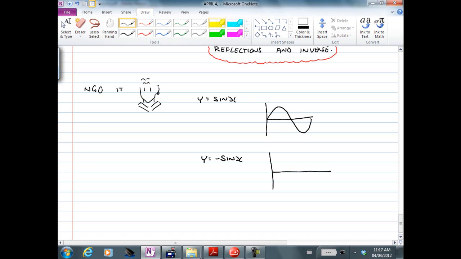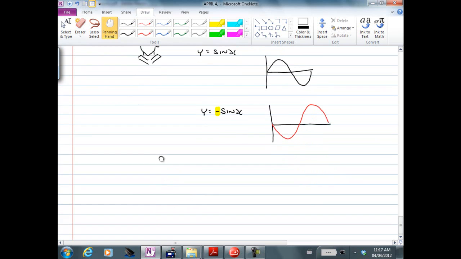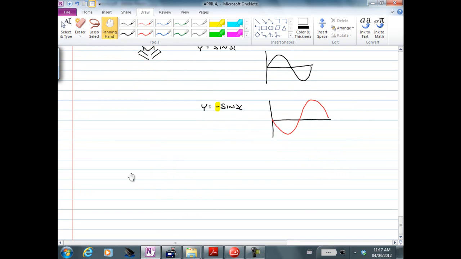The only difference, really, is this negative sign. And you drew it before. So what you did before, with this negative sign, was called a reflection. More importantly, this was a reflection in the x-axis. That's what you did before, as a reflection in the x-axis.